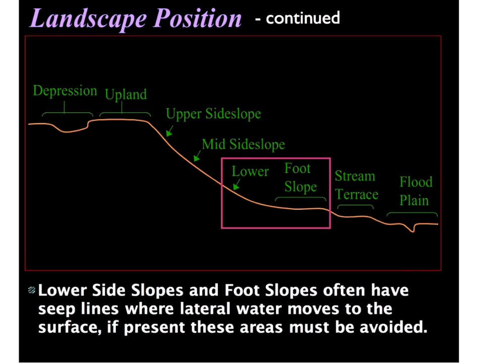As we spoke yesterday, on the lower slopes, side slopes and foot slopes, you often have seep lines where the lateral water moves to the surface. So obviously you've got to avoid those. If it's just water flowing over the surface of the ground, then you can put in a drainage ditch and divert it away from the drain field.